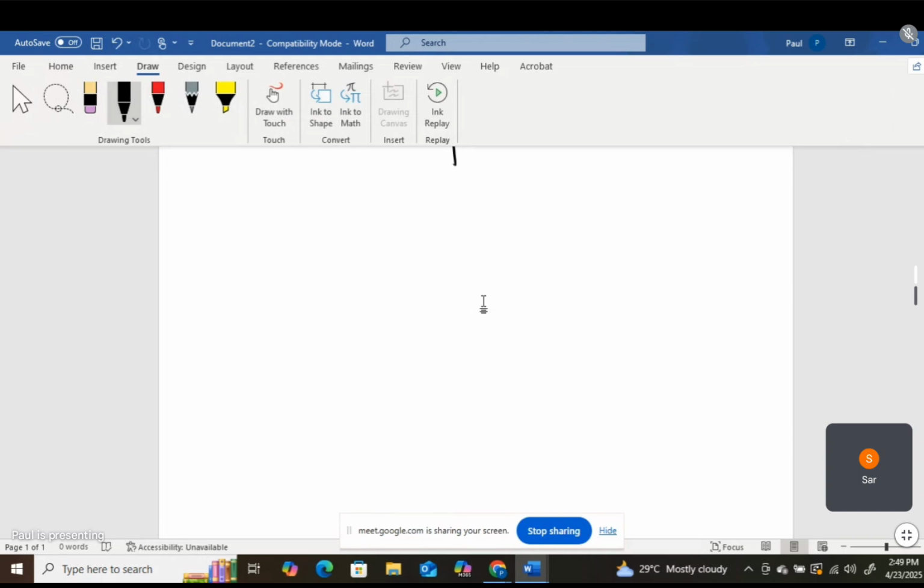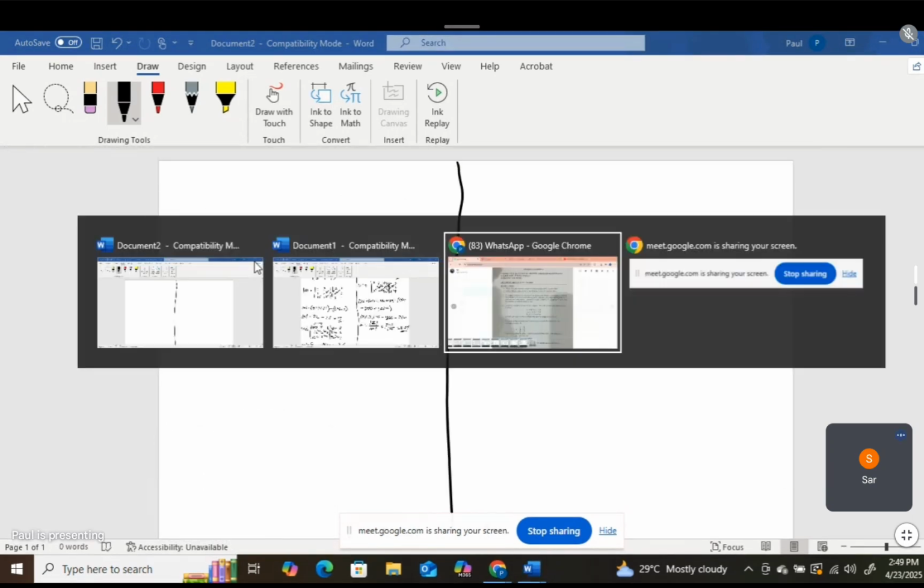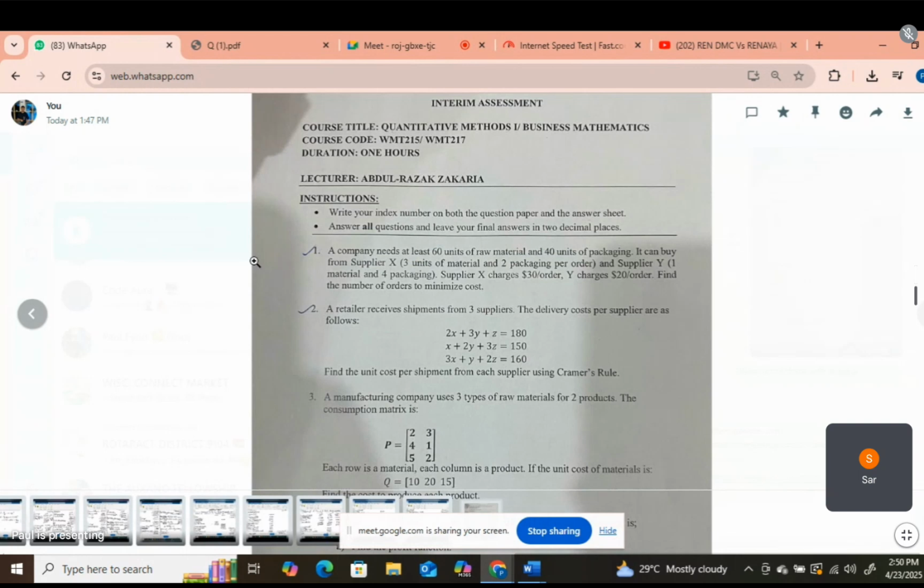Question 3-2 is a matrix question, and it is simple but tricky. It's saying that a manufacturing company uses three types of raw materials and two products.